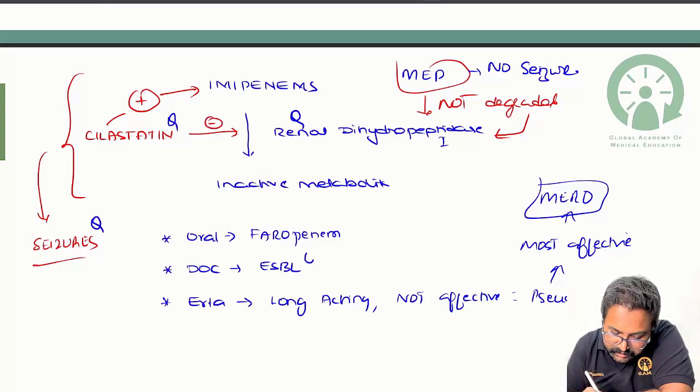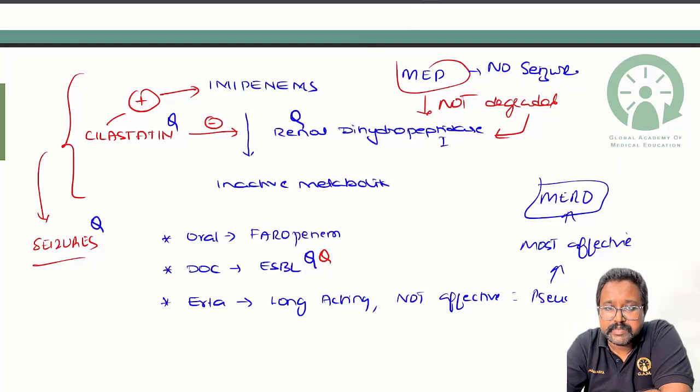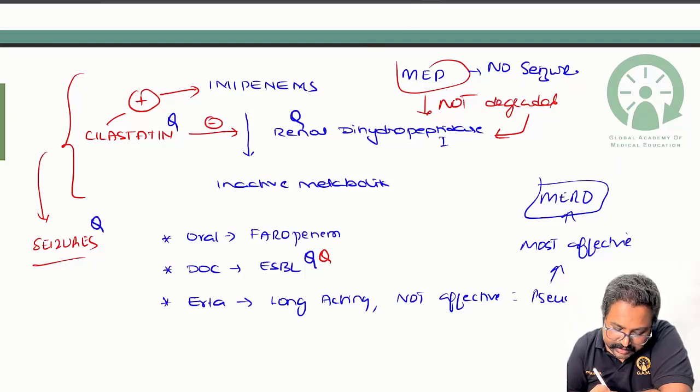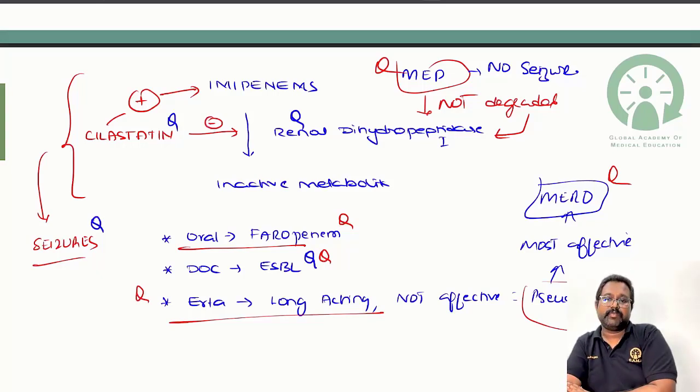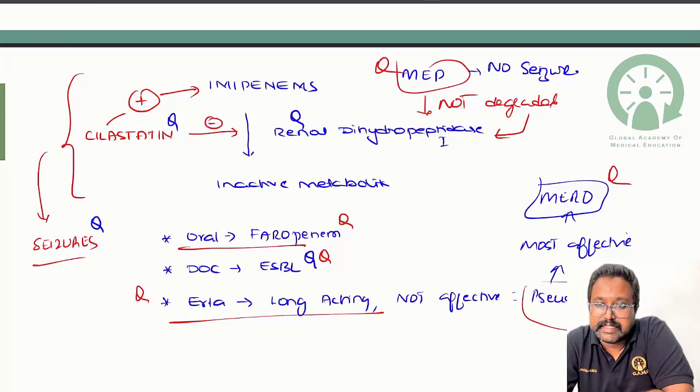The drug of choice in case of extended spectrum beta lactamase producing organisms, the long acting is ertapenem, orally faropenem, seizure is not seen with the MED drugs, and most effective against pseudomonas is meropenem. So please remember this, and this is a very important topic that can be asked in your exams.